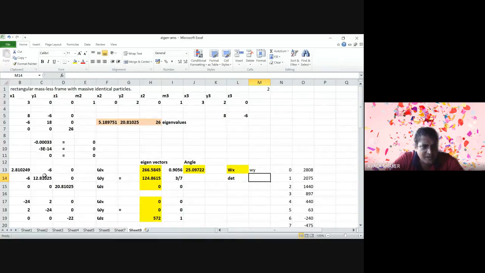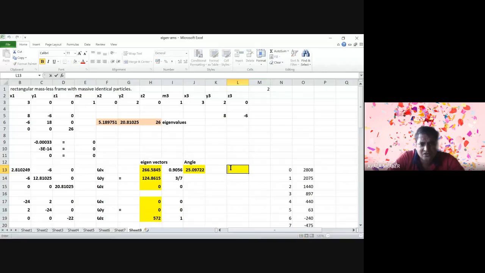When taking the determinant for omega y, you leave this element. For this, Excel will not allow a determinant, so you have to multiply this term and this term, and that will be equal to omega z. Leave this column and this row, and take the determinant of these 4 elements. Let me calculate that.